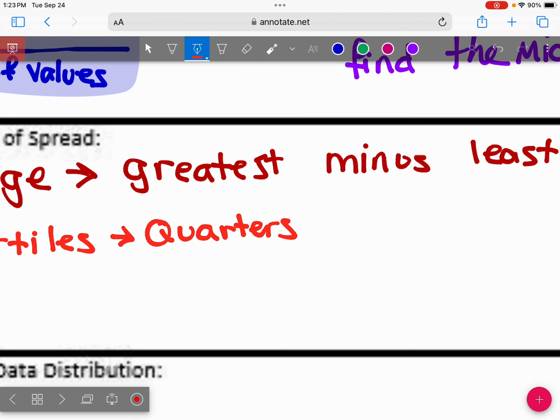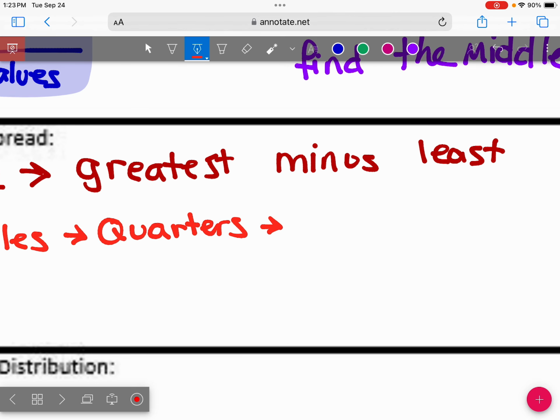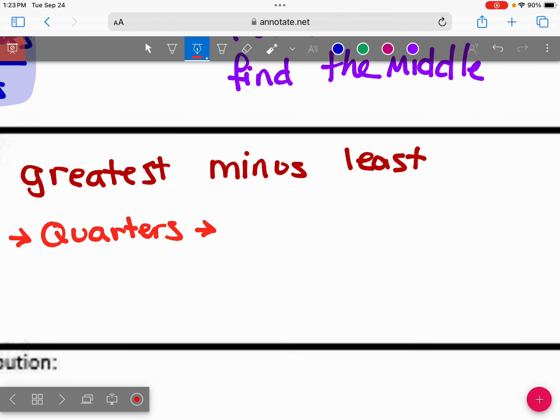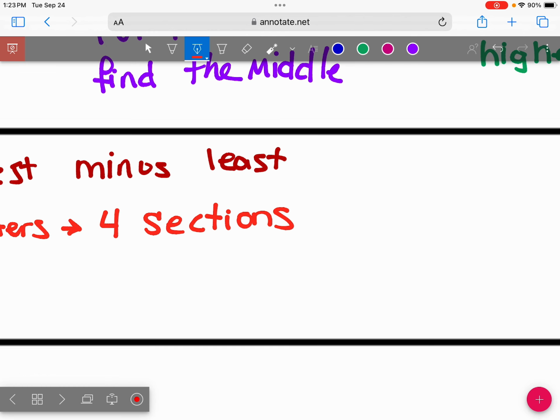There's 5 numbers, but it's dividing your data into 4 sections. It's 4 sections, but it takes 5 numbers. And this is only going to be used with our median.